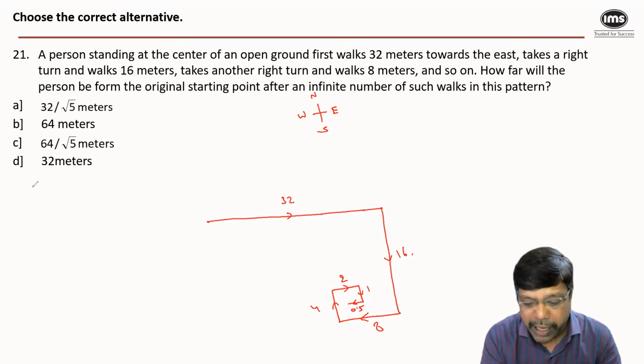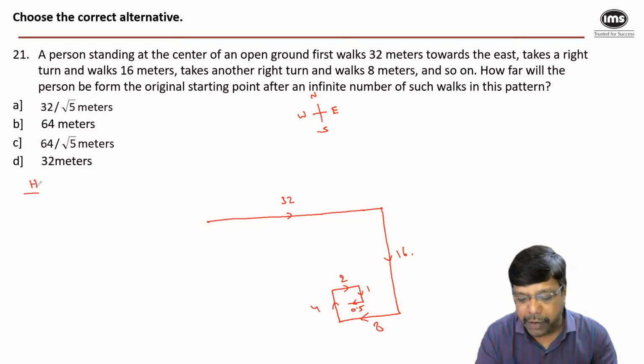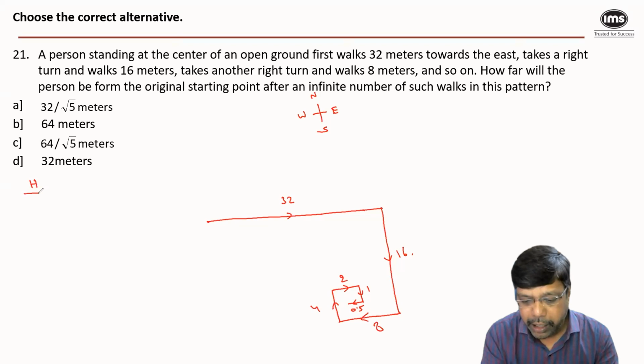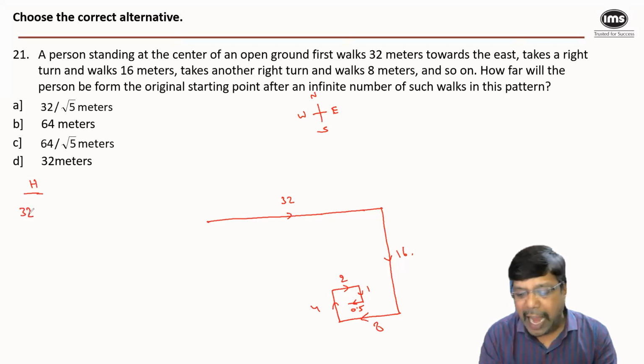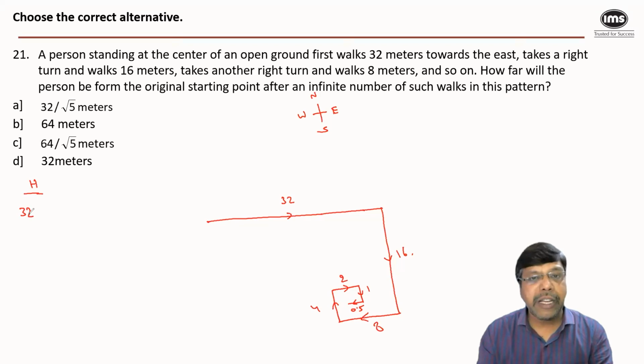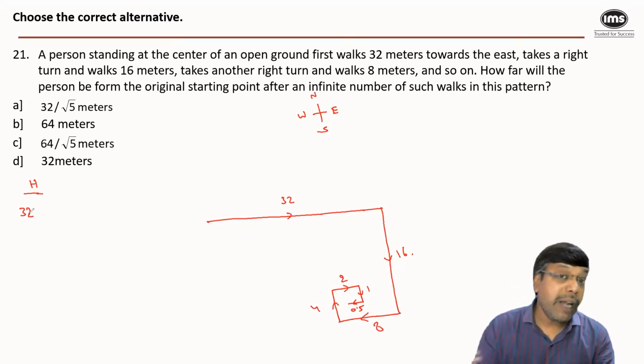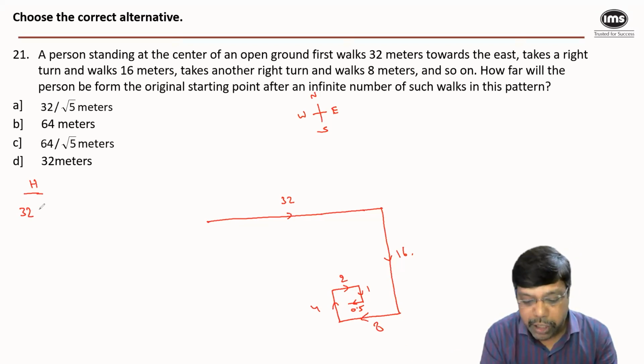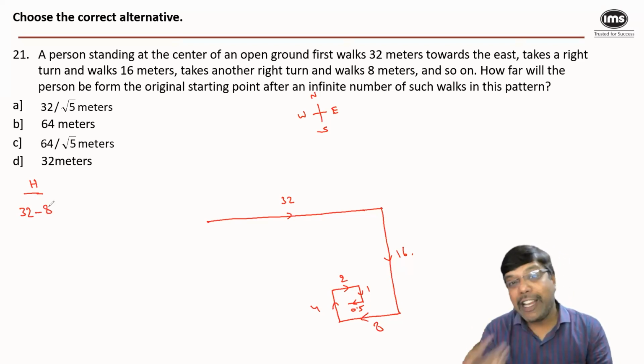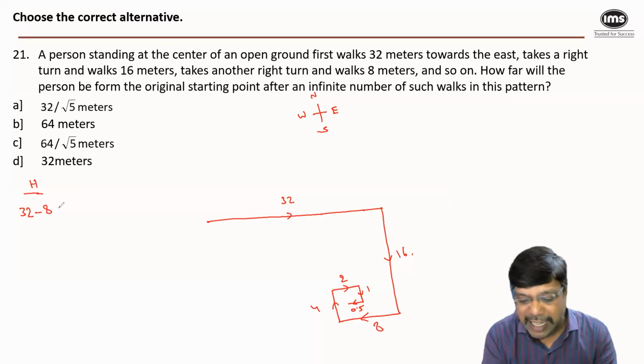Now, if I look at the horizontal distance covered, it is 32. And then I have 8 meters horizontal, but towards west. So which means reverse direction, -8. Now next 2 meters towards east, so +2.